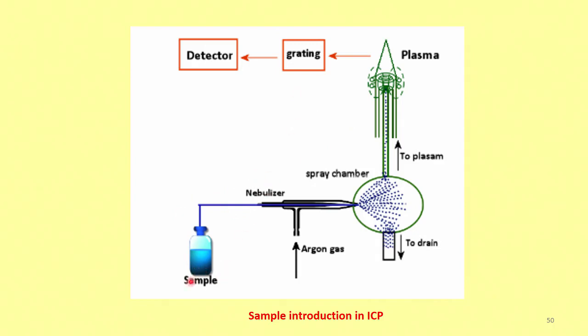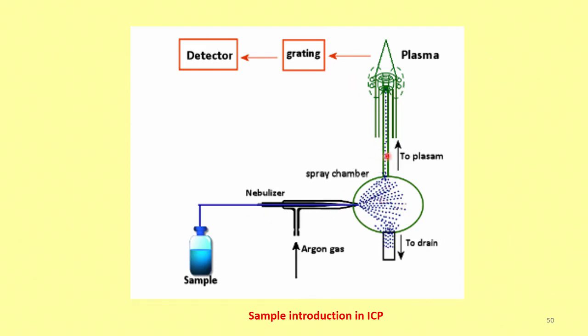The sample is here, it enters the nebulizer, and then there is argon gas coming through. Argon gas is coming axially along with the concentric tubes, and then it enters.